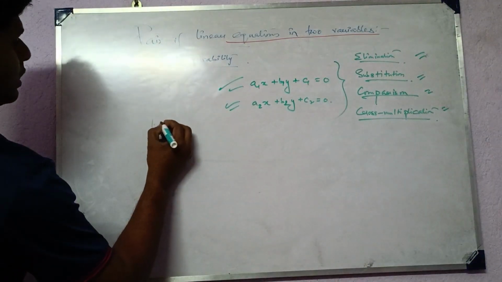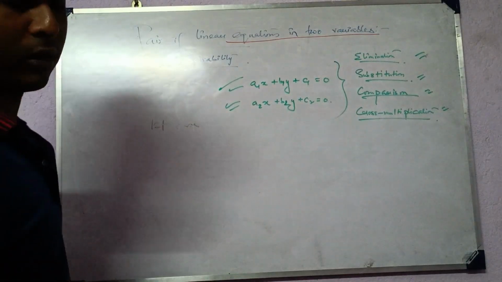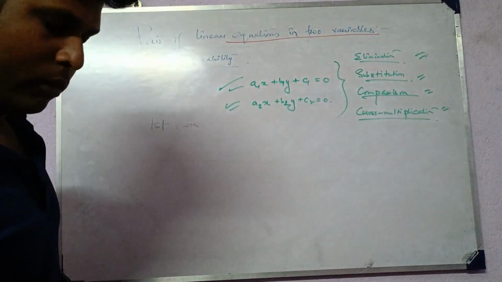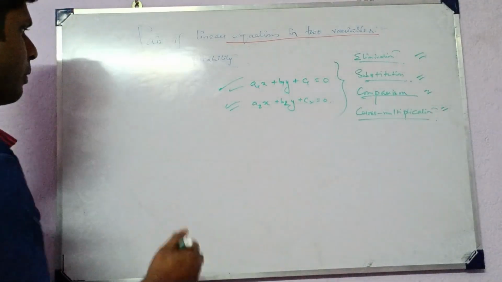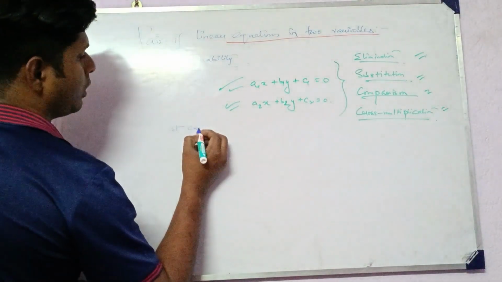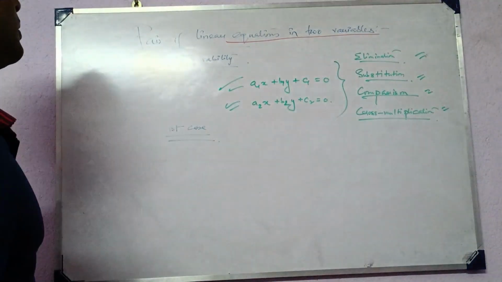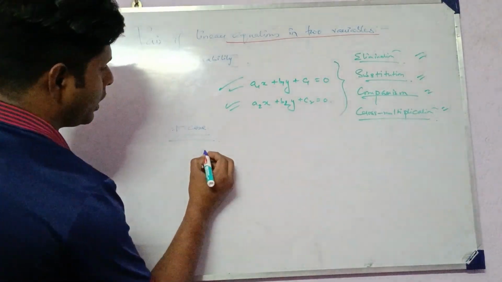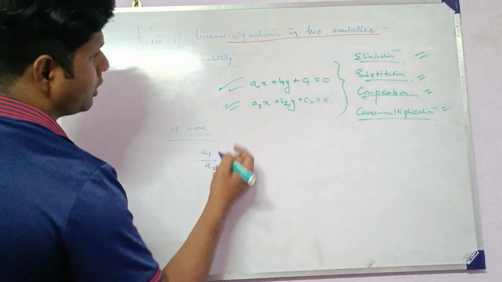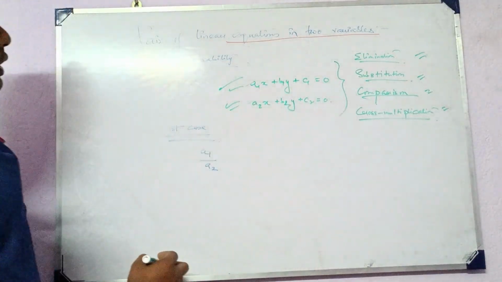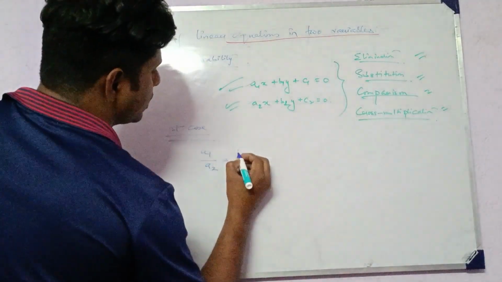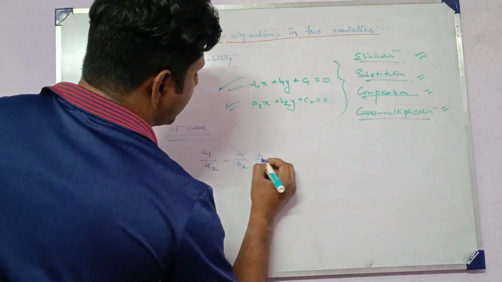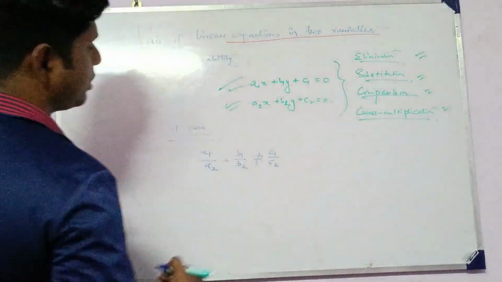The first case is, for these two equations, let a1 by a2 equals to b1 by b2 and not equals to c1 by c2.